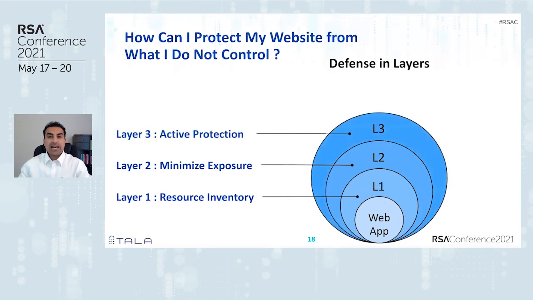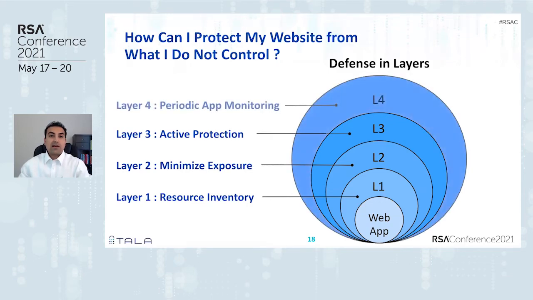Layer 3 adds an active protection to your web application so that it's protected even if a third party has been breached or attacked. And lastly, you should be on the constant lookout for any signs of potential breaches from your third parties. Let's double click on each of these layers to understand these defenses a bit better.